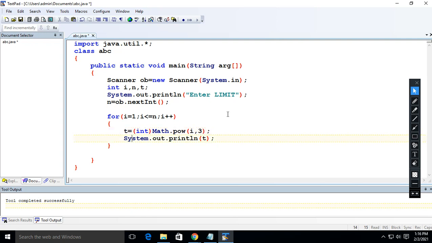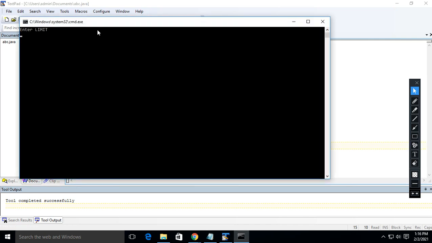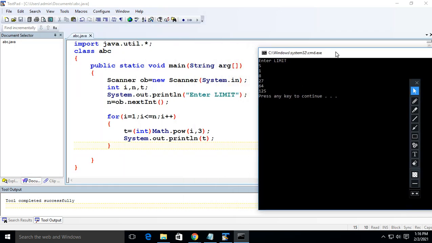Am I clear? This is also something you should know, otherwise you will face problems. Please see what I sent in the chat box. Now see on my screen, beta. The solution I have already written. Try to understand. Now instead of the repetition method, I am using the inbuilt method Math.pow. Instead, you can write t = i * i * i. That is also correct.